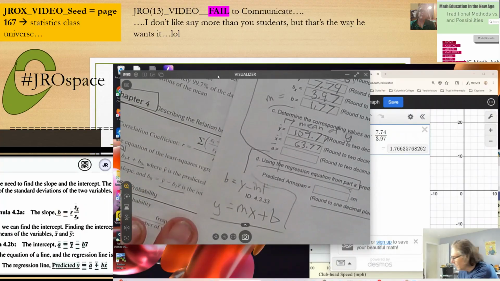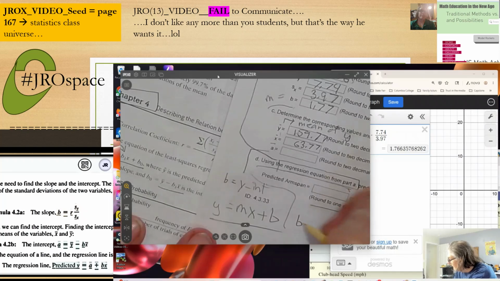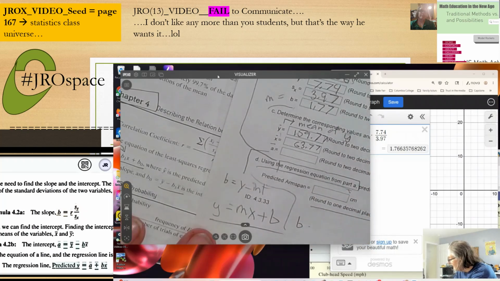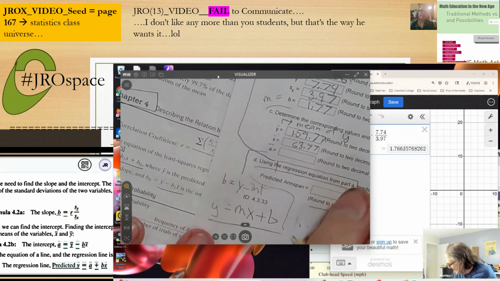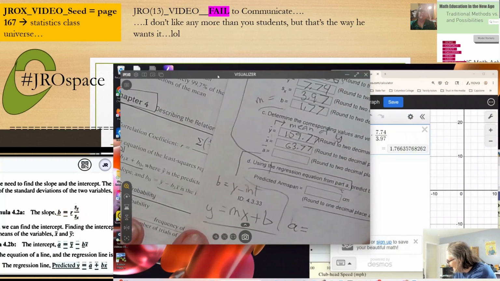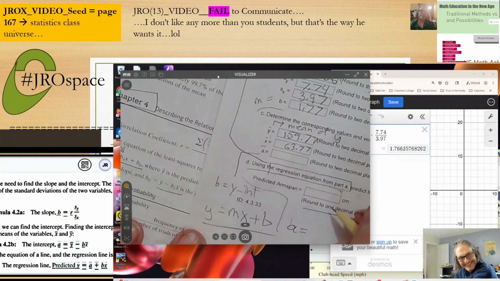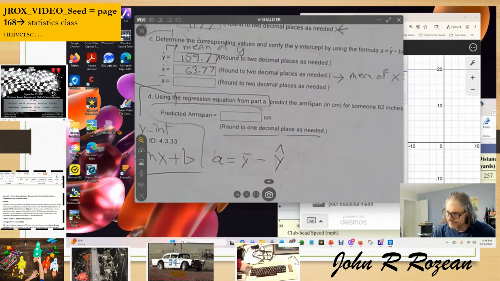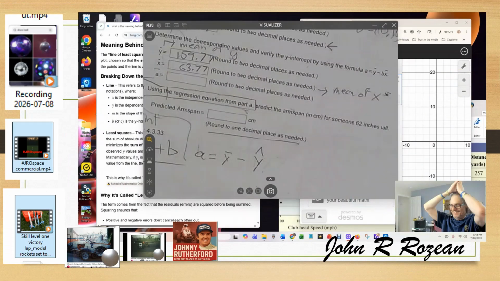So if we're going to calculate B, or what are they calling it? They're going to call it A. All right, I was looking at too many things, couldn't figure out which was a paper and which was a window, and now I'm back.